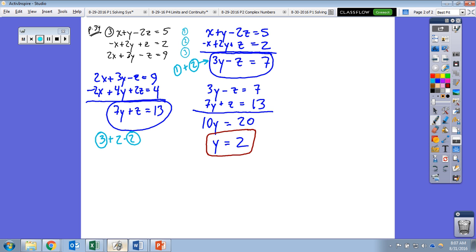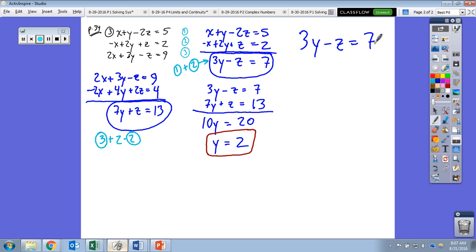Okay. So y equals 2. Let's say I'll use either one of these guys. Let's go back to blue. I'll use this guy: 3y minus z is equal to 7.